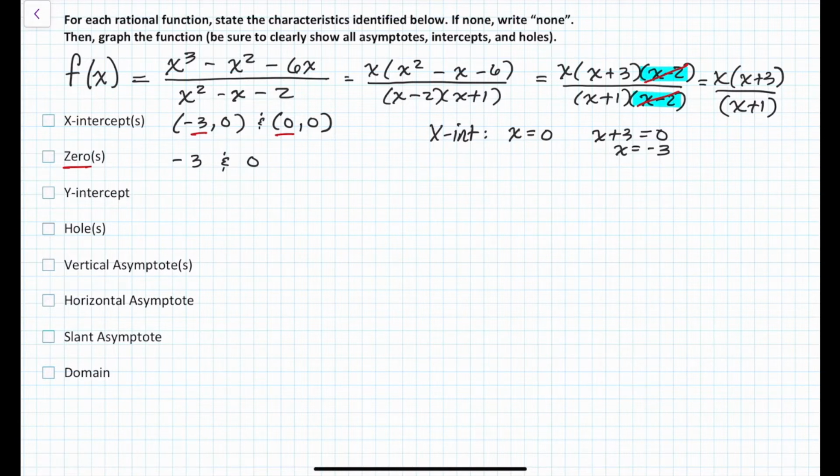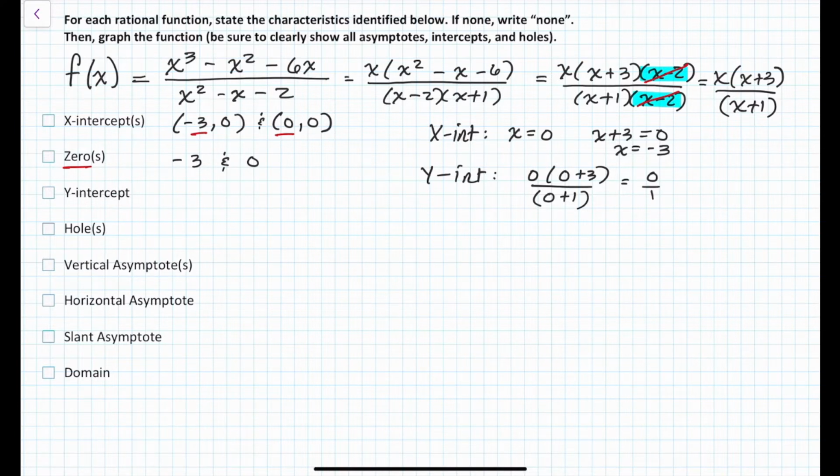And then the y-intercept, the easiest way is probably to go back to the original function before we simplified it, or you can plug the 0 in factored form here. Either way, you're going to get 0 over 1.